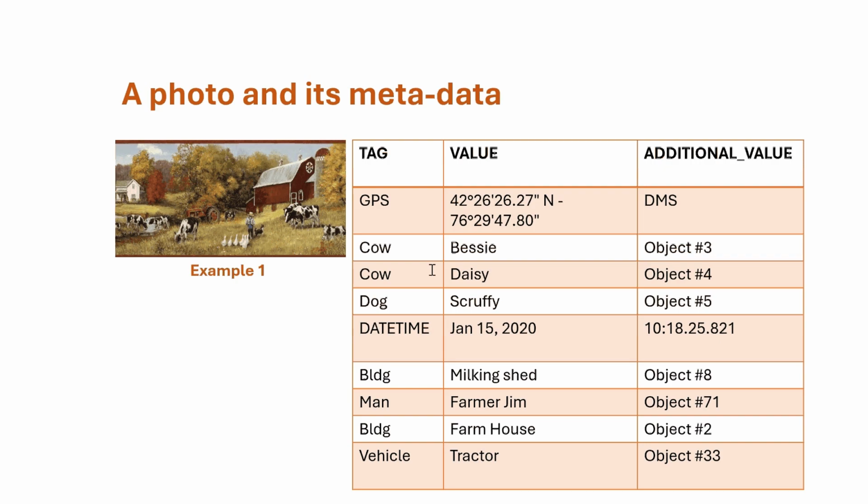It also gives the timestamp and various other objects like cows, dogs, and buildings, and if there is a human in the picture, it can also identify these objects. This is a structured format of an unstructured image that has been captured.